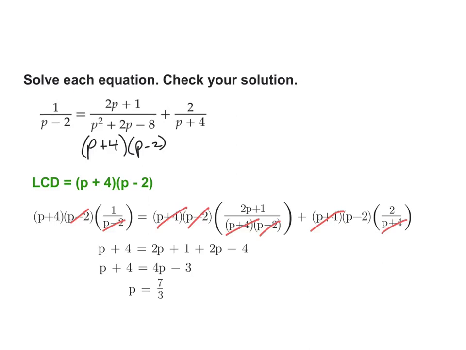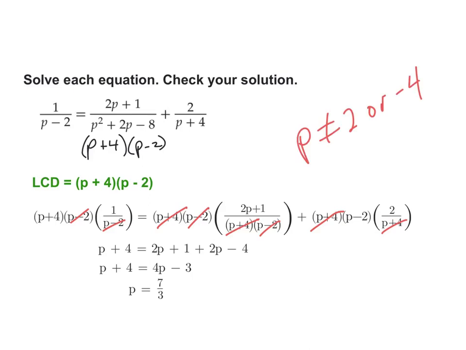Before we move on, we've got to check something. What values in the original equation can P not equal? What values for P will create a problem? 2, and negative 4. If P is 2, that makes this 0. That's a problem. If P is negative 4, that creates a problem as well.